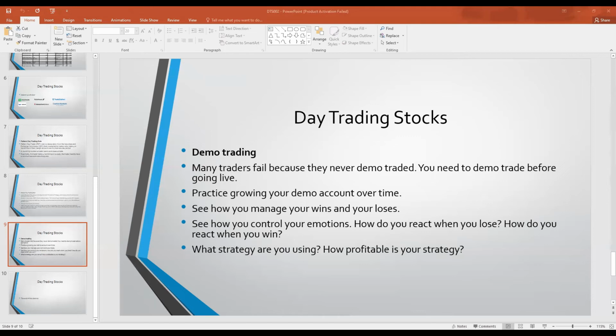Traders should practice demo trading as they can get a feel of the market. They can practice looking at charts, opening orders, closing orders, and setting limit orders. Recall, in my course, A Practical Introduction to Day Trading, I went into detail about the different types of orders, and I explained what are market orders and what are limit orders.